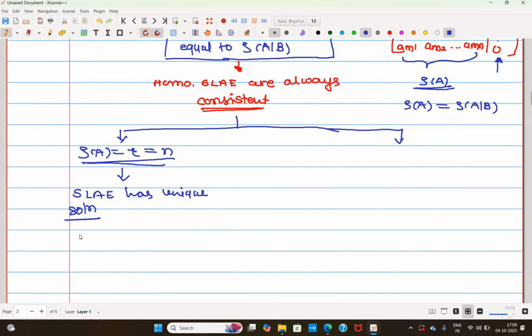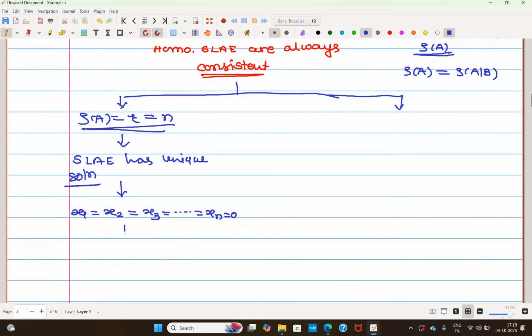And that unique solution can be directly treated as x1 = x2 = x3 and so on, xn = 0. And as this is a trivial solution, a default solution, the unique solution can also be named the trivial solution.